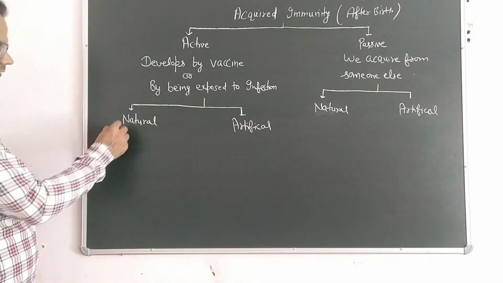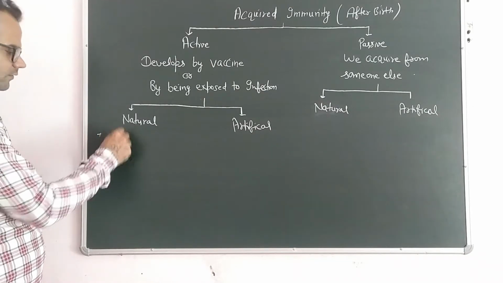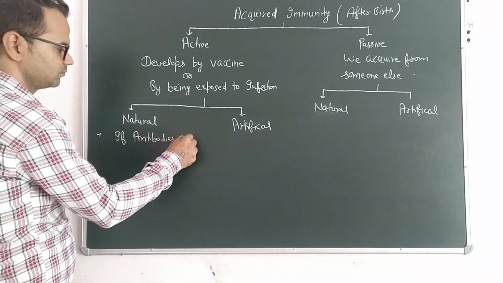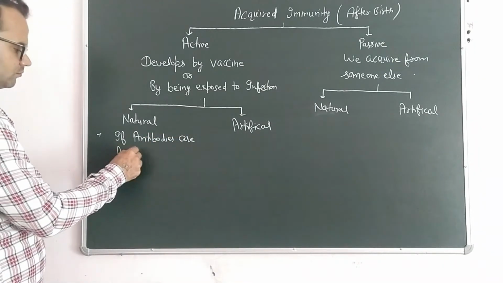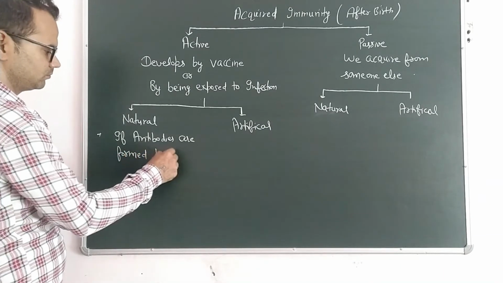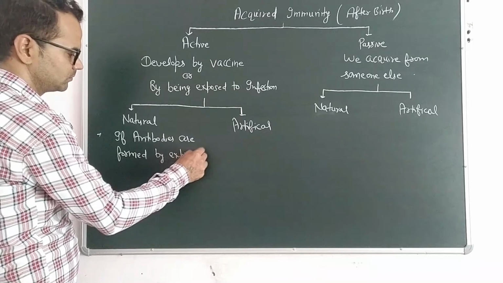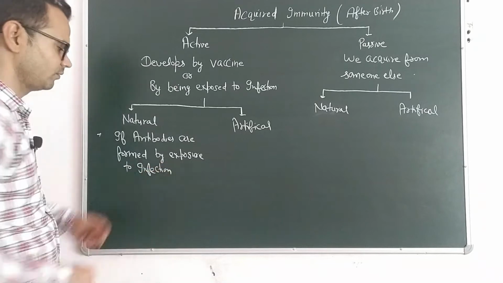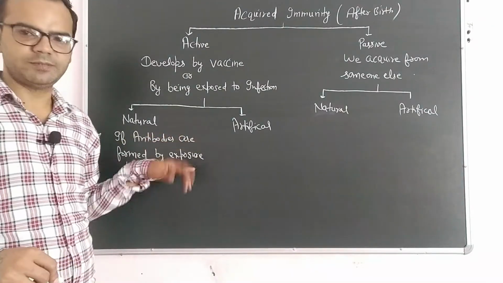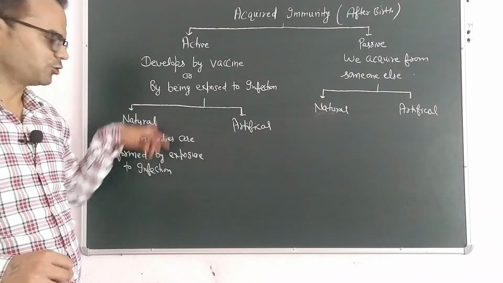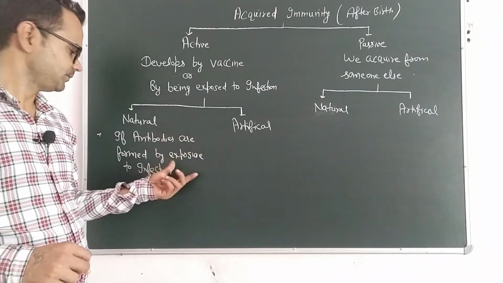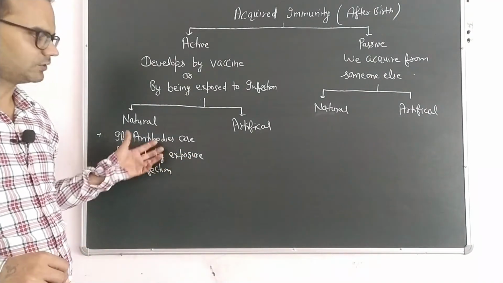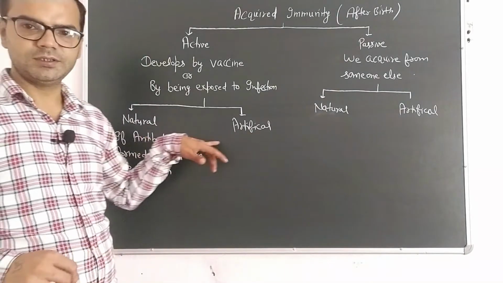Natural means if antibodies are formed in our body by exposure to infection, the body naturally makes new antibodies against the pathogen that causes the infection or any disease. Opposite of it, artificial, if antibodies are formed by vaccination.